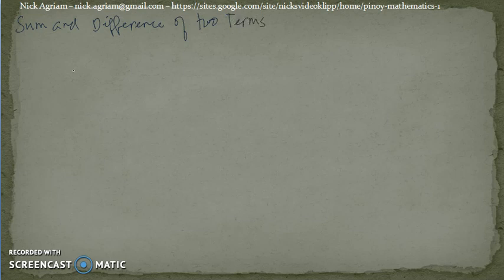Ano ang ibig sabihin nito? That means if I have a term A plus B, that is the sum because it is plus, and the difference is A minus B. I will show you by multiplying first, then we will summarize or give the pattern.